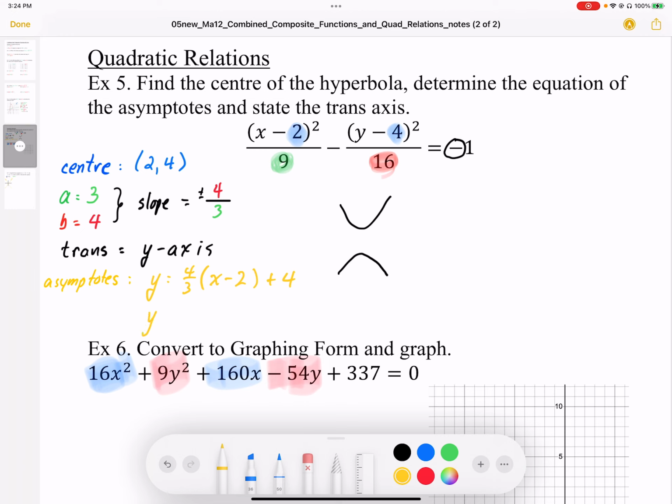So y equals 4 over 3, x minus 2 plus 4, and y equals -4 over 3, x minus 2 plus 4. So that common point is going to be where both asymptotes go through. So I'll just use that point as a point on both lines. It makes it much simpler to work out then.